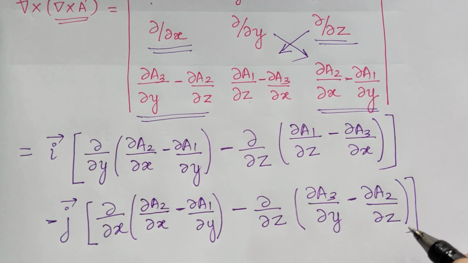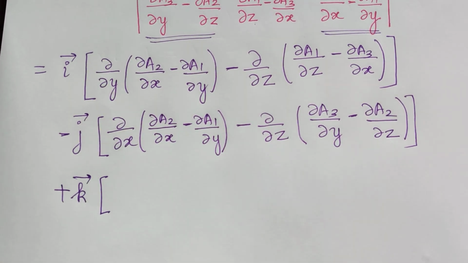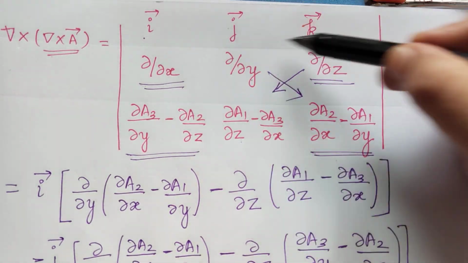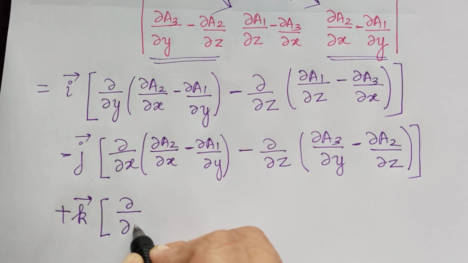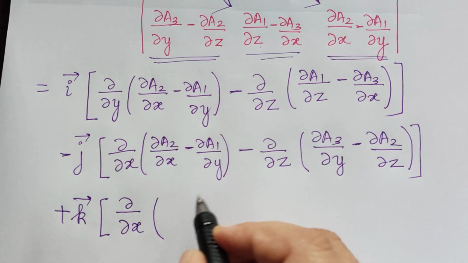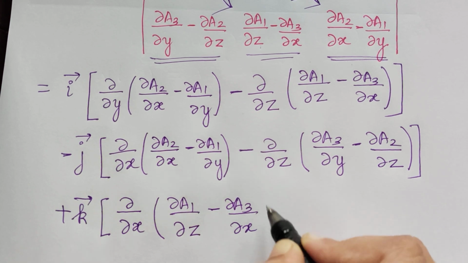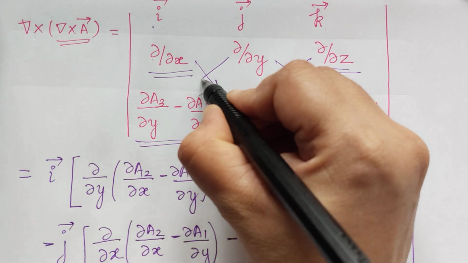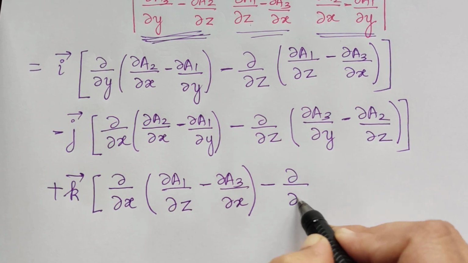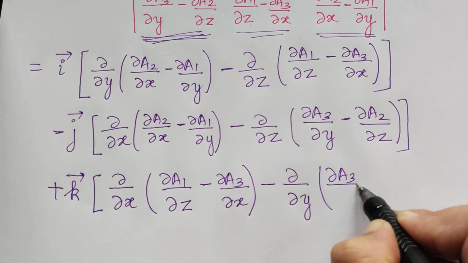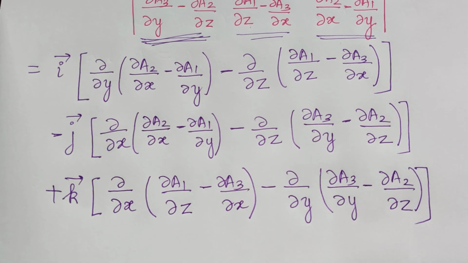Now for the kth component, plus k vector multiplied with, now here we have to block this column and this row, so first it will be dou by dou x of dou a1 by dou z minus dou a3 by dou x, and then minus dou by dou y of dou a3 by dou y minus dou a2 by dou z. So this is the determinant value.